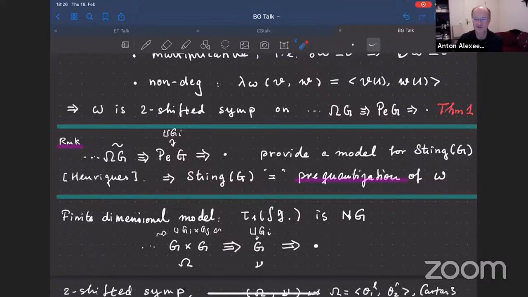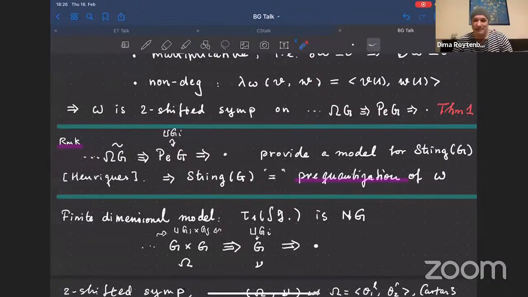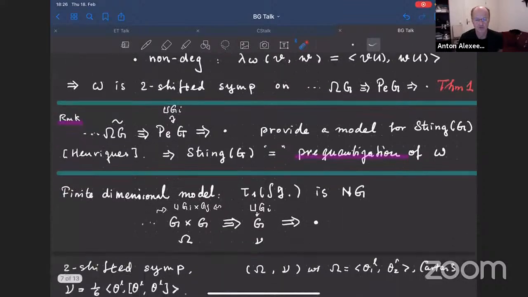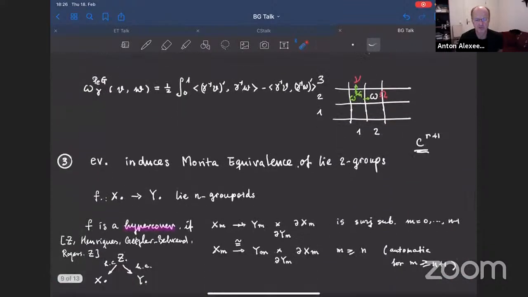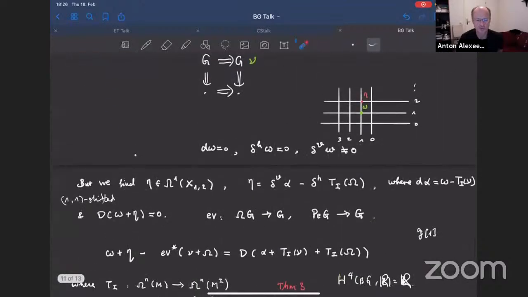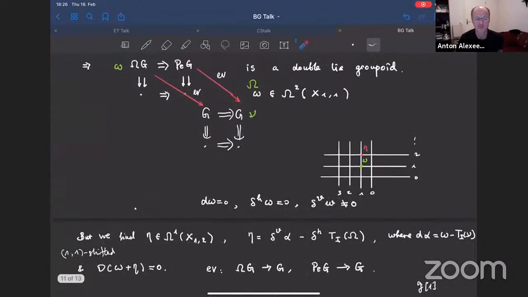Any more questions or comments? Maybe I have just one, perhaps somewhat technical question. So you have this mysterious one form eta. Could you say a couple of words about it? For instance, I got a bit lost, it's a one form on what? Oh yeah, eta.